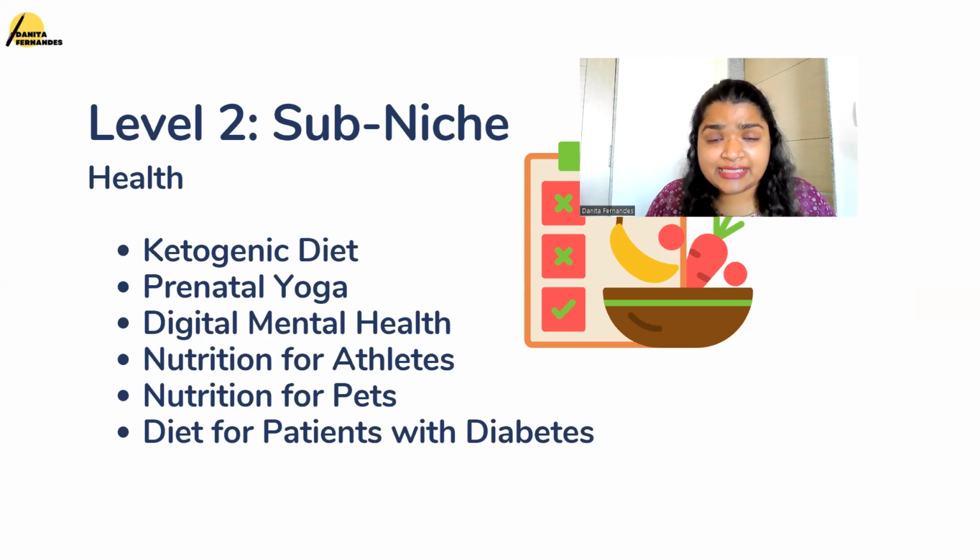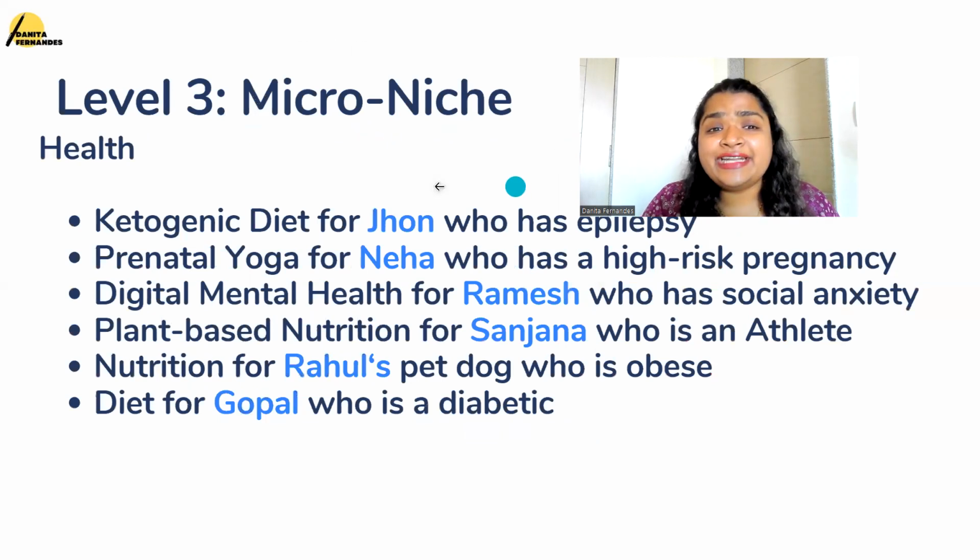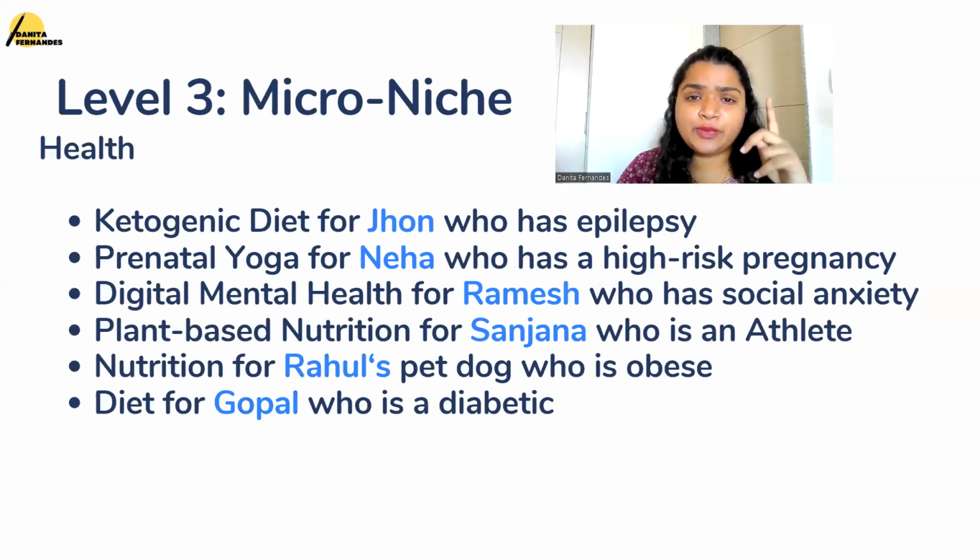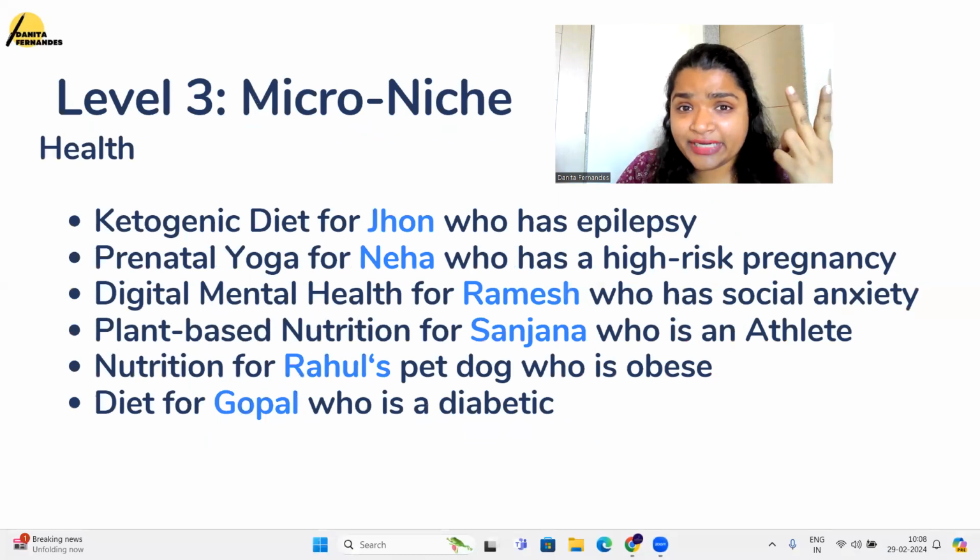All these things are sub niches. So after defining the niche, we go a step deeper and work on understanding our client's sub niche. Now, after we've identified the sub niche, it's time to go one more level deeper and identify the micro niche. First was niche, second was sub niche, and the third is micro niche.